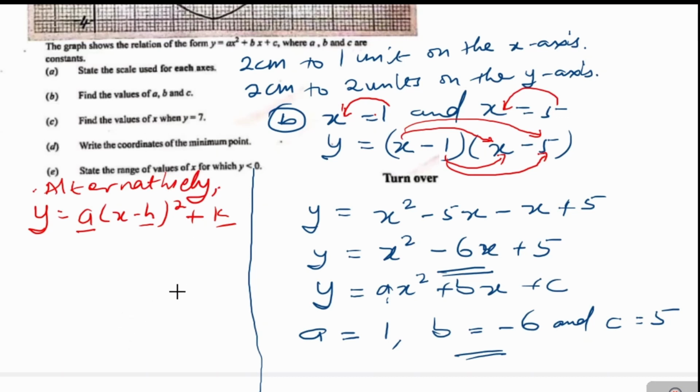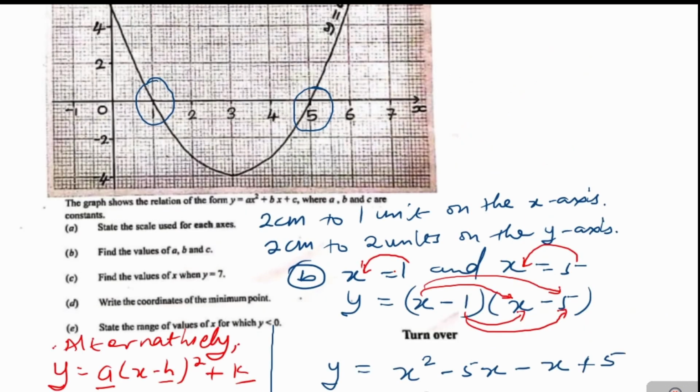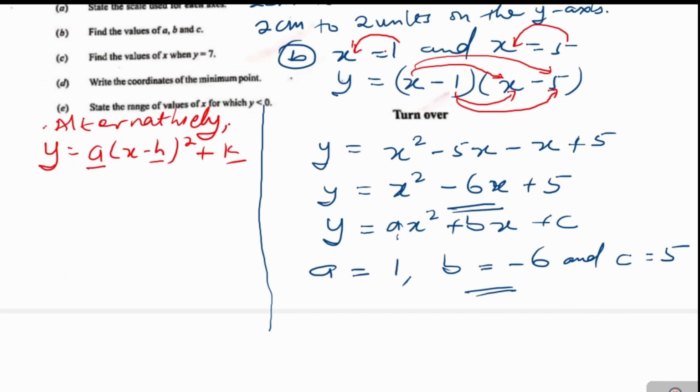Now we are going to state the coordinate of the vertex of our graph, and then substitute that into this form. By looking at this graph, the vertex occurs here, and the coordinates are 3, negative 4. So let's state that as the vertex of our graph. The vertex is 3, negative 4.